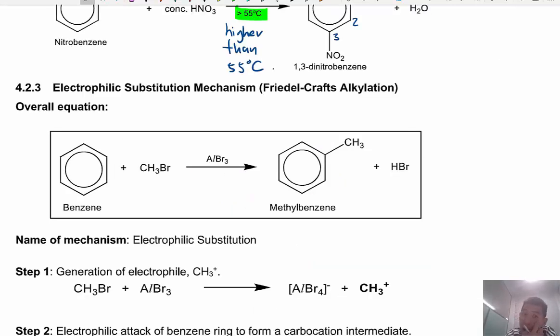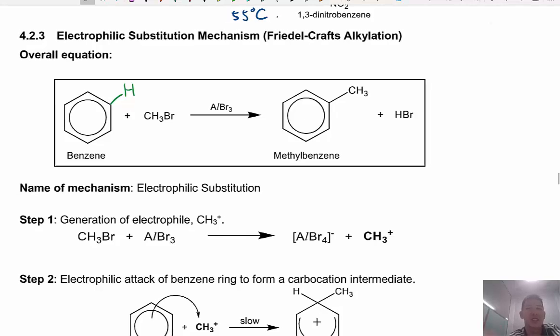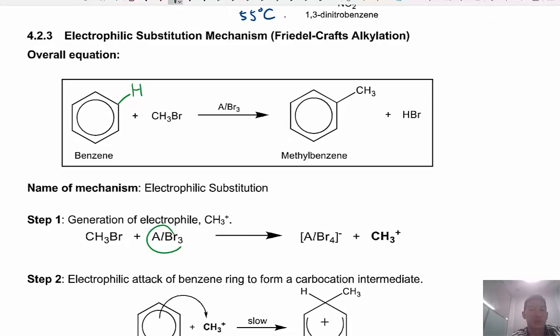For our final example of electrophilic substitution mechanism, we'll use Friedel-Crafts alkylation. But by now, you should already see the similarities. First step, have the halogen carrier generate the electrophile. So Friedel-Crafts alkylation is in a way similar to halogenation in that you need a halogen carrier.